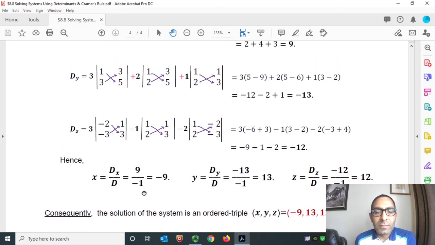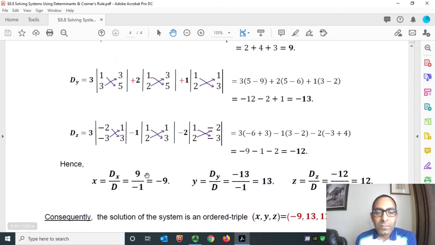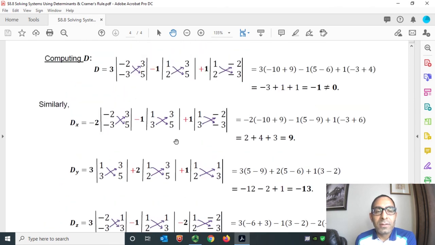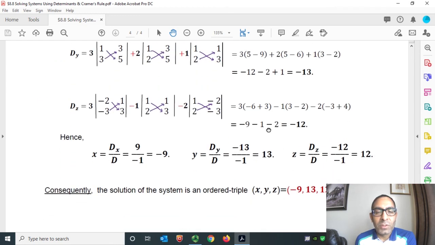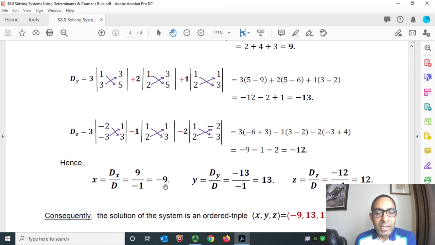Hence, x equals dx over d, which equals 9 over -1, the value of d being -1, by the way. So this turns out to be -9. Similarly, y equals the ratio of dy over d.